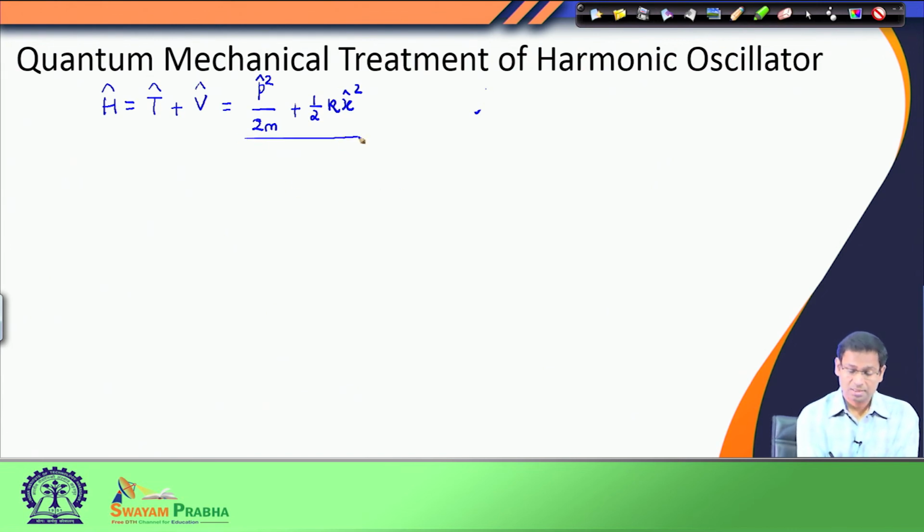So, these are the two operators that I have in the Hamiltonian operator, and to obtain the general solution for this Hamiltonian, I have to write down the Schrodinger equation corresponding to these two operators and solve the problem. In many textbooks, you would find the quantum mechanical solution of this problem is obtained by writing down the differential equation and then solving, going through the algebra and finding the solution.